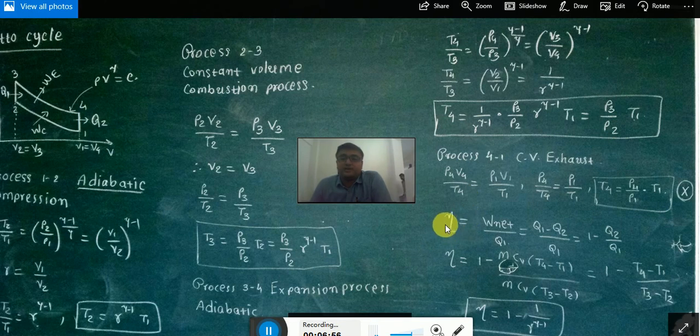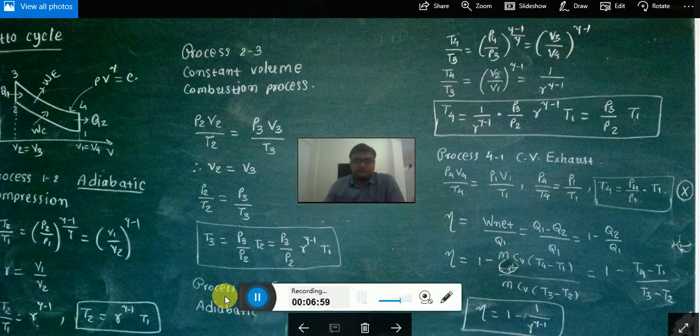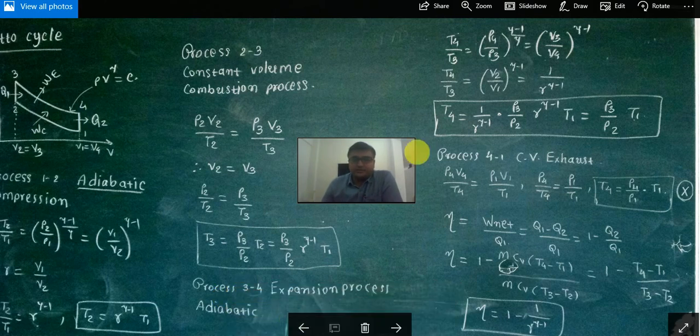Now, for the efficiency, we put all the values of T4, T3, T2 in a single equation. Instead of T4 we put P3 by P2 into T1, minus T1, divided by, instead of T3, P3 by P2 into r raised to gamma minus 1 into T1, minus, instead of T2, r raised to gamma minus 1 into T1.